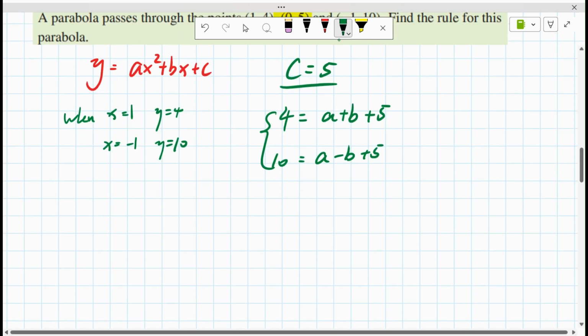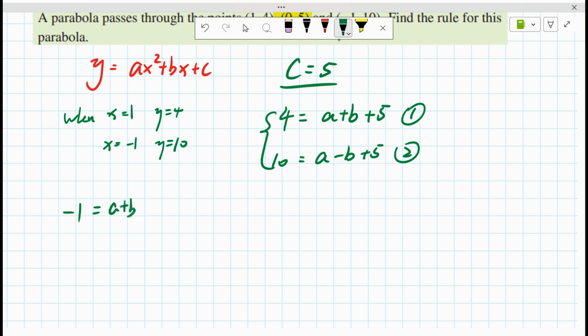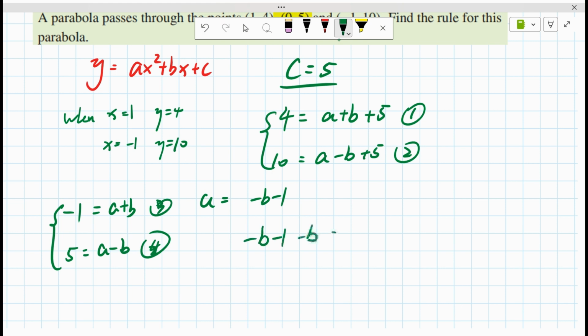Once you know that, we can do the simultaneous equations. Simplifying, negative 1 equals a plus b, and 5 equals a minus b. So both have an a, right? So a equals minus b minus 1, and substituting into the second equation, which is minus b minus 1 minus b equals 5.